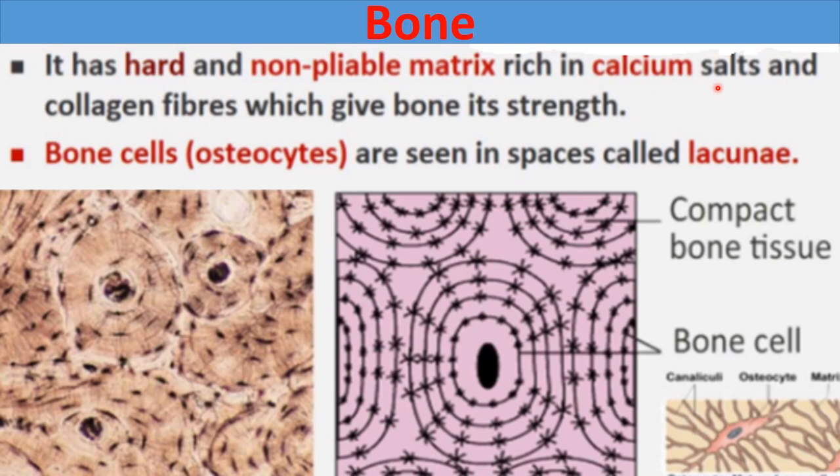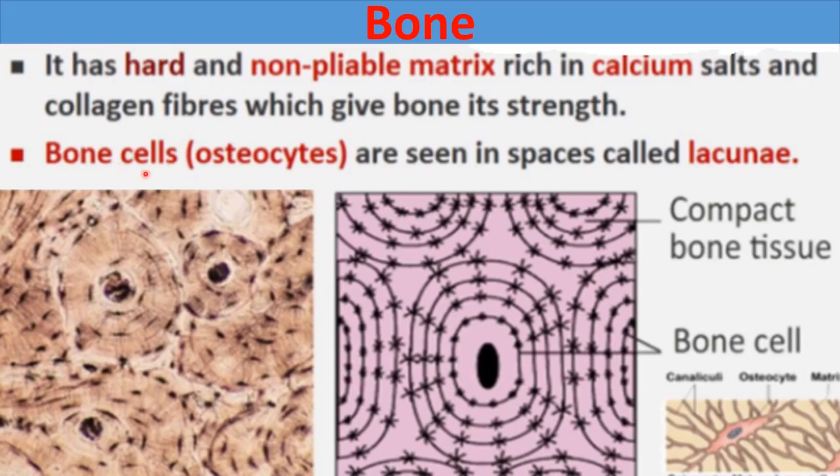Chondroitin salts are present in cartilage, but in bones calcium salts are present, so make these differences between bones and cartilage. Collagen fibers are also present, which give bone its strength.